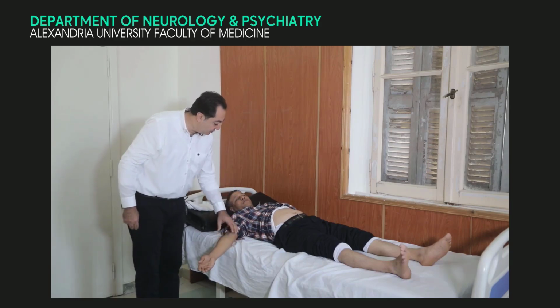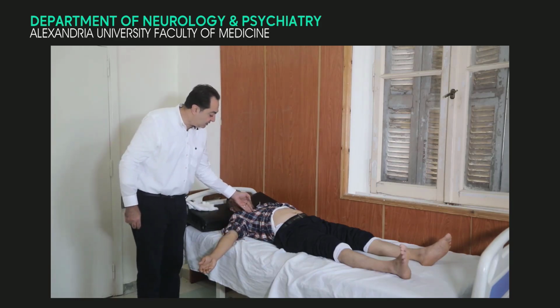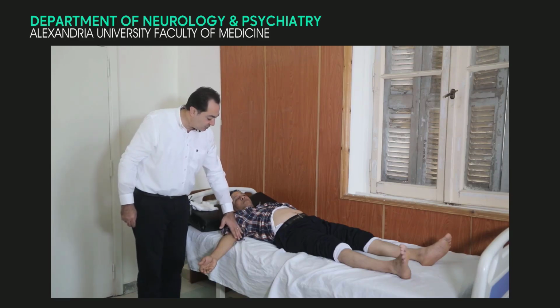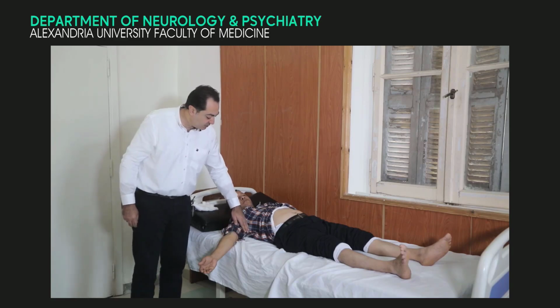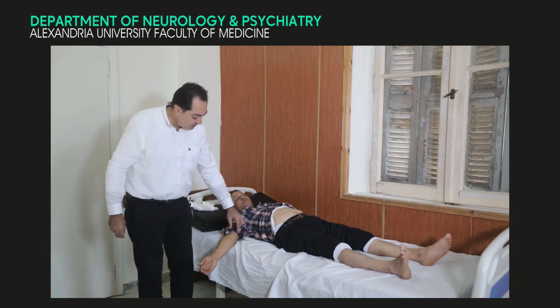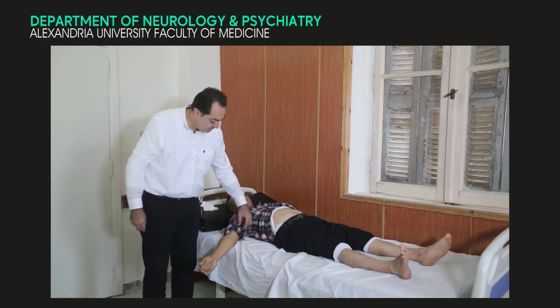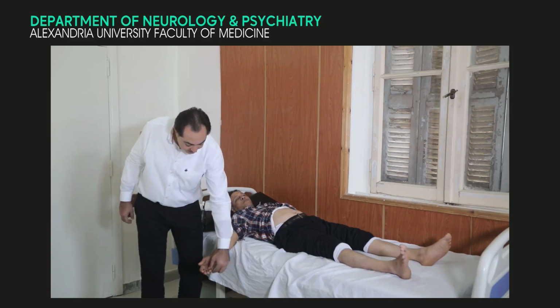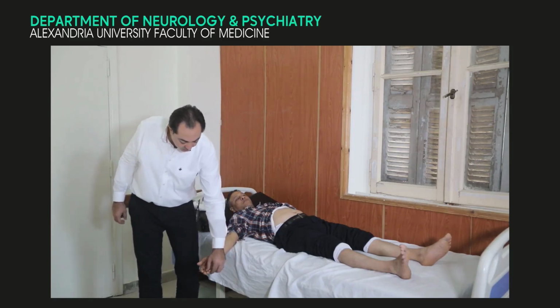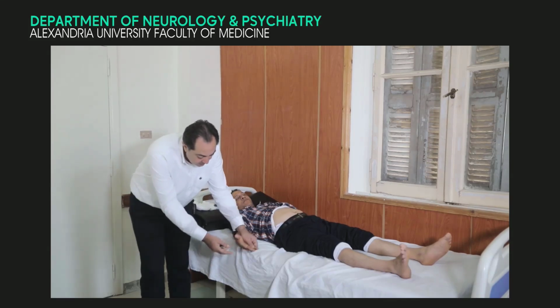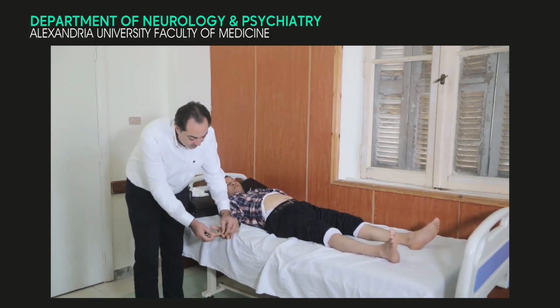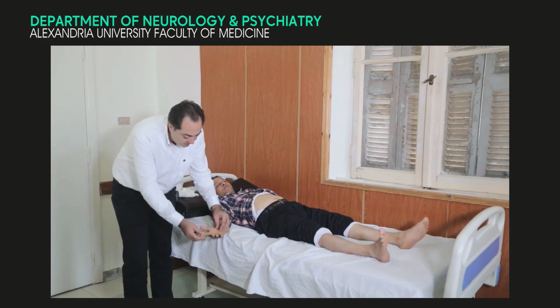The sensory distribution here is D3 and D2. C8 is on the medial part of the arm. Dorsal 1 is here. C8 is on the medial part of the forearm. C7 is in the middle finger and an area above.